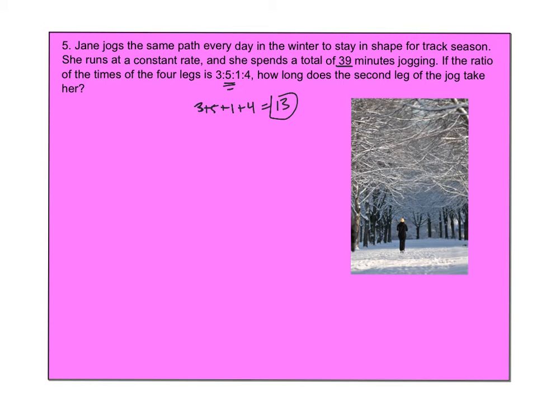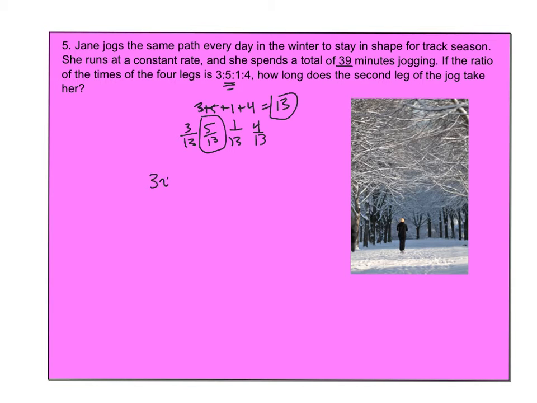The first one would be 3 out of 13, then 5 out of 13, then 1 out of 13, then 4 out of 13. Okay, it's just a different way to think about it. If the other way makes sense, then the other way makes sense. But it's like saying, if you broke it up into time, she spends most of her time in that second leg. Okay, that's what they're saying.